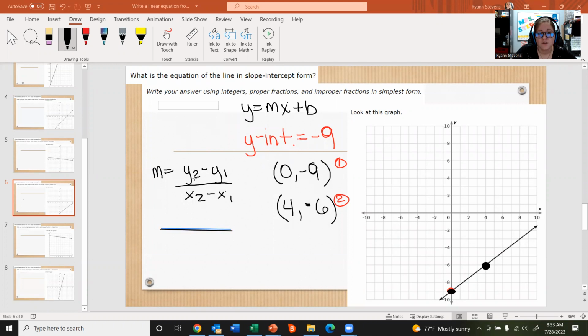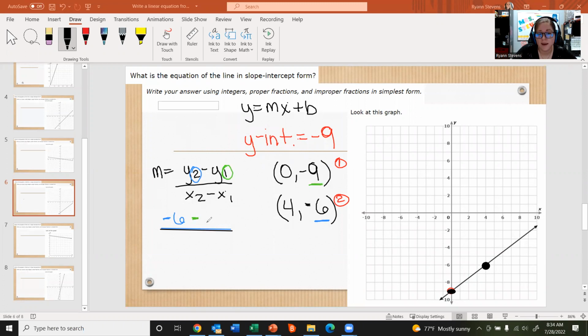All right. So the first number that we want to go for is y sub 2. Okay, so we're going to look at our ordered pair we labeled 2. We're going to look at what's in the y spot. -6. And then we have y sub 1, which is a -9.